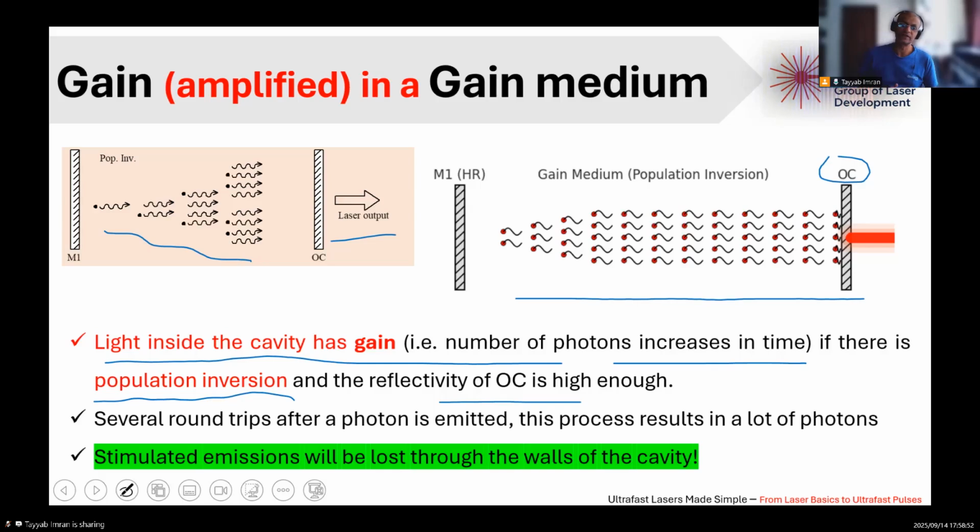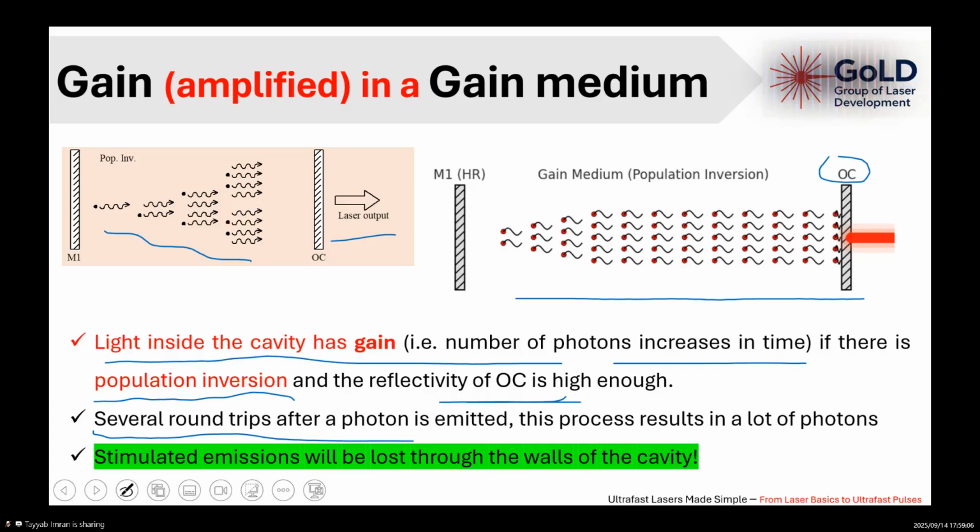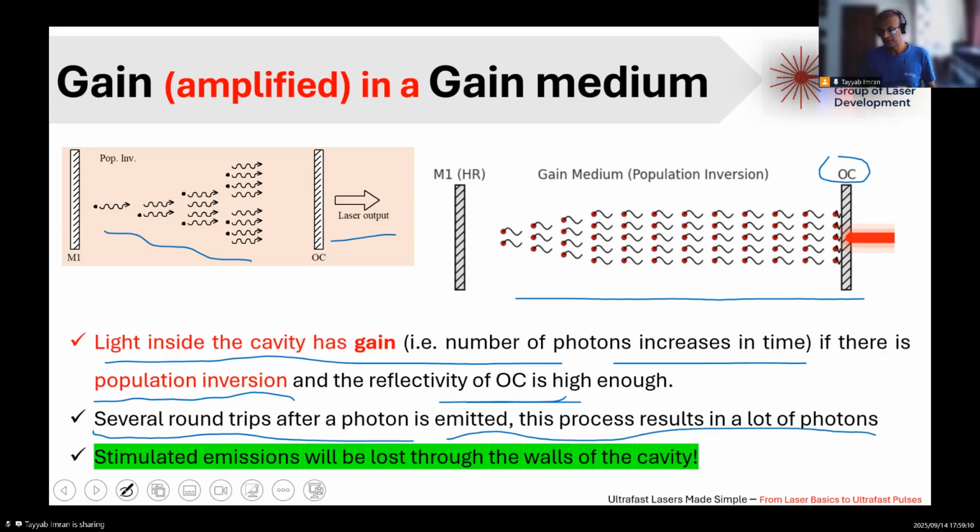Population inversion happens in the gain medium, but the output coupler is in the cavity. So several round trips, and obviously this process generates a lot of photons.